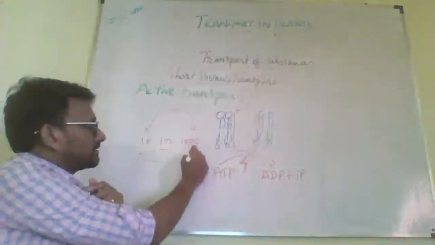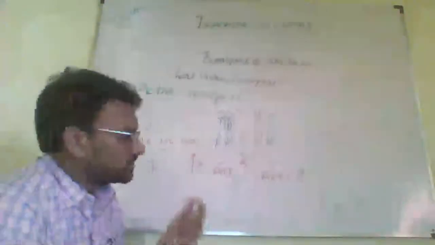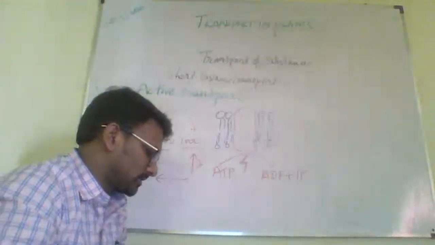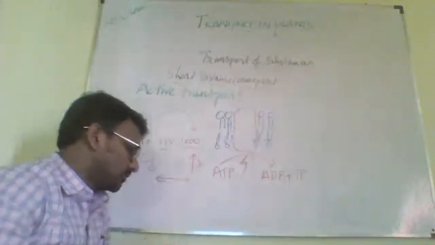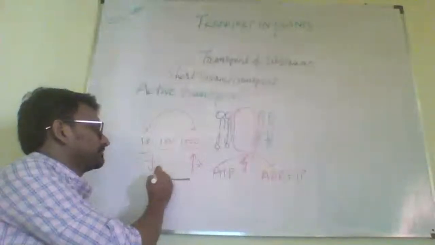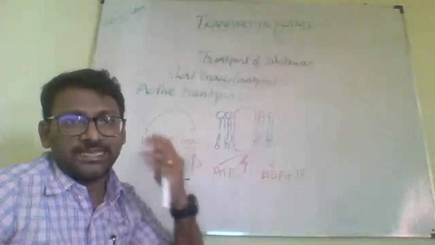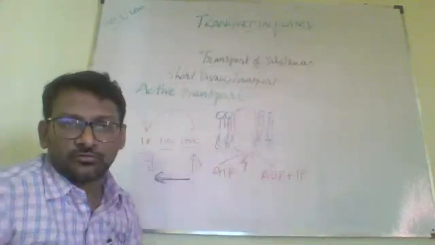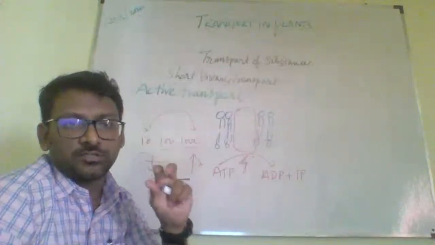So this is higher concentration, this is lower concentration. In simple passive diffusion, they can easily move from higher to lower. This is easy. Higher to lower is easy, but lower to higher is going against the concentration gradient. It means inside there are a lot of molecules already, but these molecules are needed.